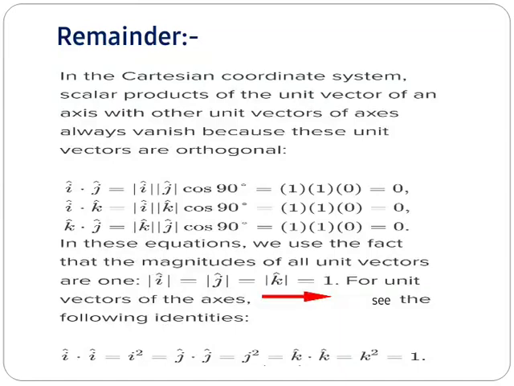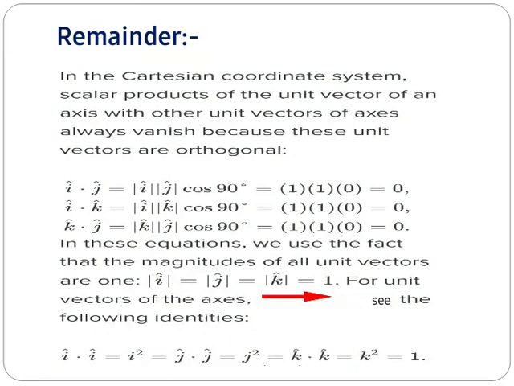I have given some important points which are related to scalar and vector products as reminder. Let me examine this. In Cartesian coordinate system or rectangular coordinate system, scalar products of the unit vector of an axis with other unit vectors of axis always vanish because these unit vectors are orthogonal.